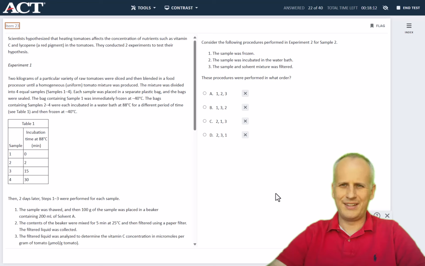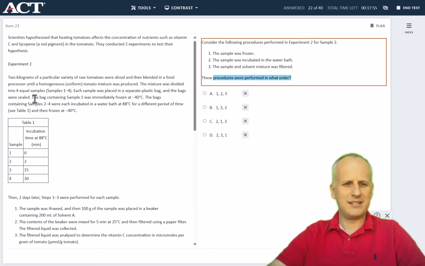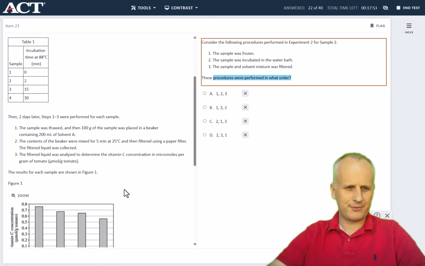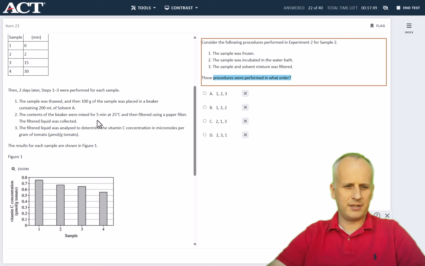And we move on to the next question, which reads, consider the following procedures performed in experiment 2 for sample 2. These procedures were performed in what order? So sample 2 is one that was put into the water for 2 minutes at 88 degrees Celsius. And we can see the steps right here, kind of in between the 2 experiments.